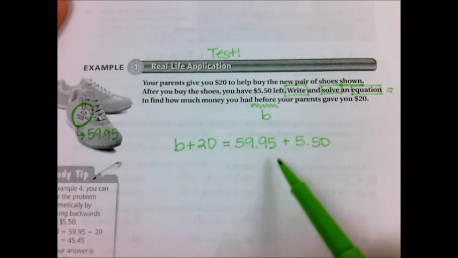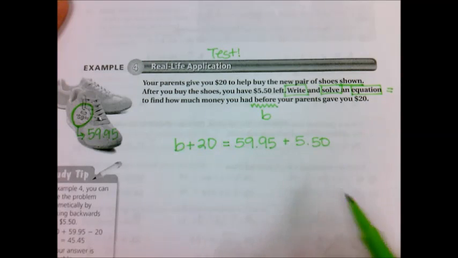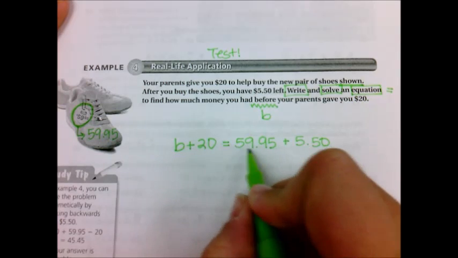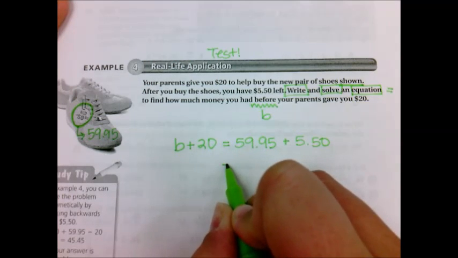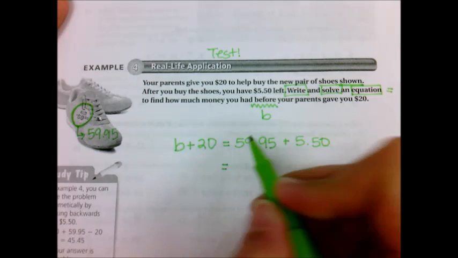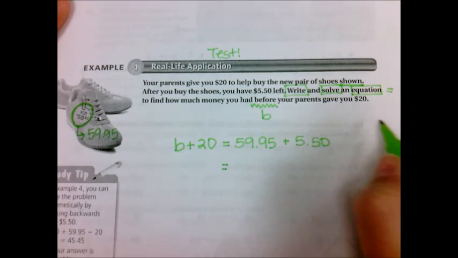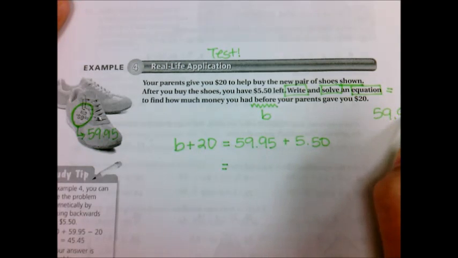Now I need to start simplifying first. When I simplify, I'm combining things that are the same. When I'm writing algebra, I want my equal signs to be lined up. I need to do $59.95 plus $5.50.